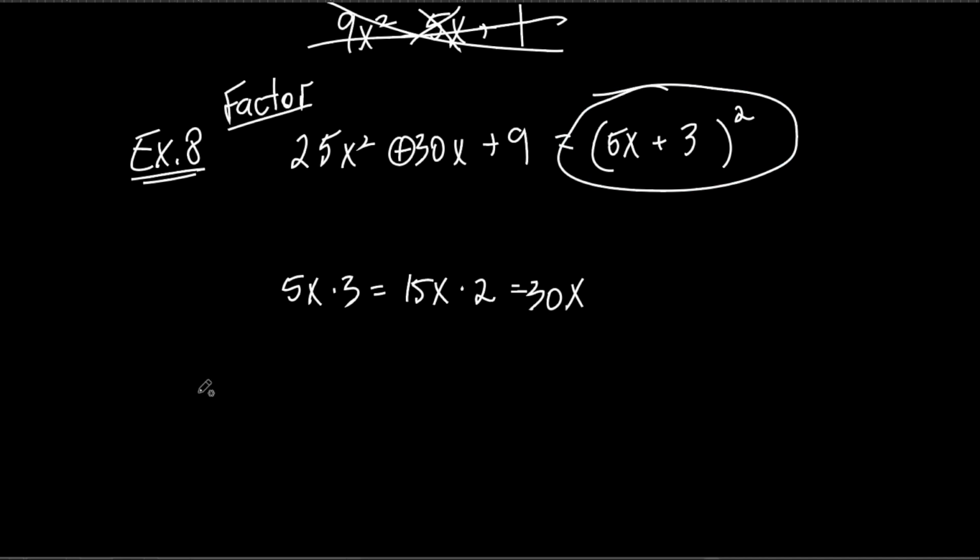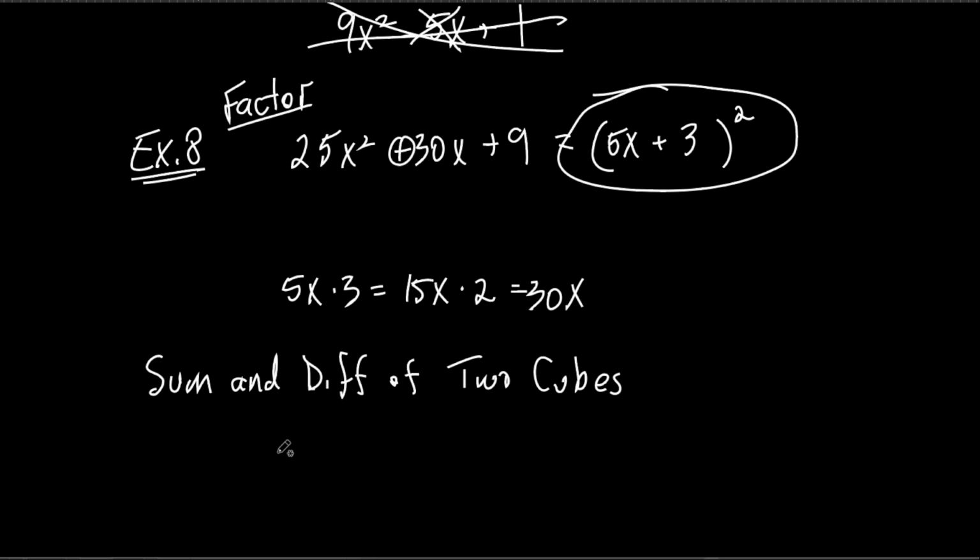There's another one called, let's see what time. Yeah, I only got 2 minutes. There's no way I can get through that one. It's the one that's a little bit trickier. But it's called the sum and difference of 2 cubes. I'll have to talk about that tomorrow. Basically, it's this.